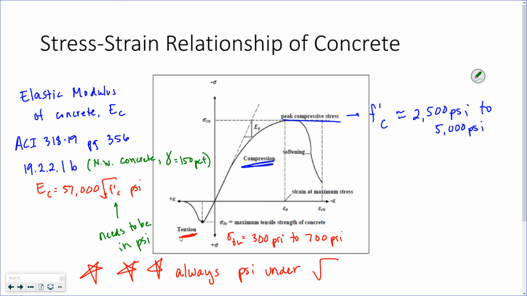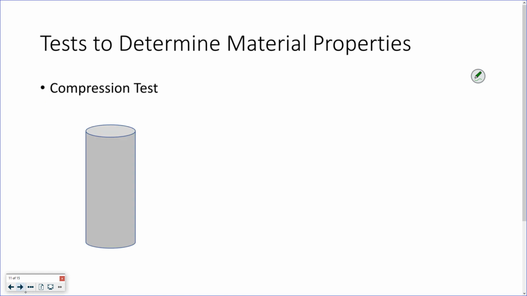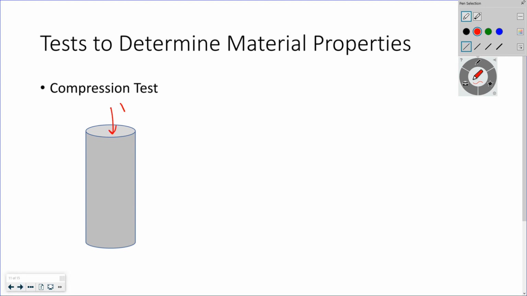Okay, so that is the stress-strain relationship of concrete. How do we determine our material properties? We make cylinders of our concrete and apply a compressive load.